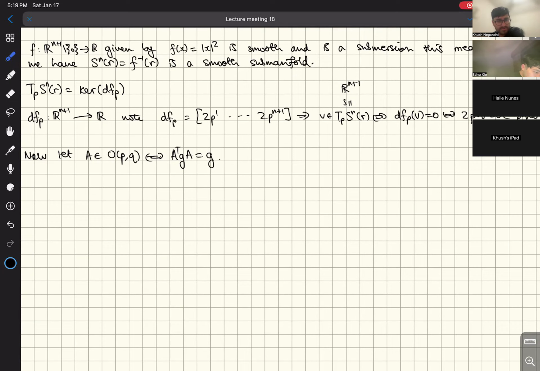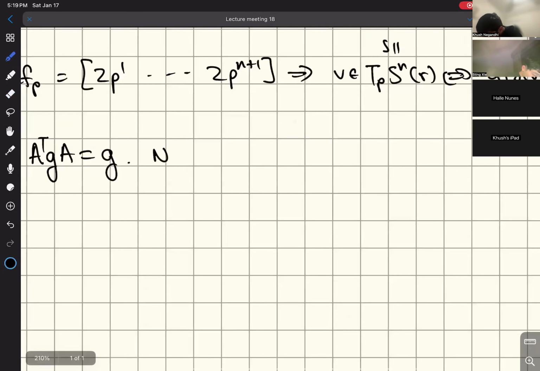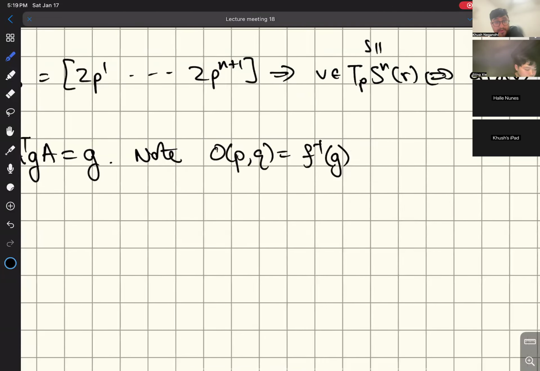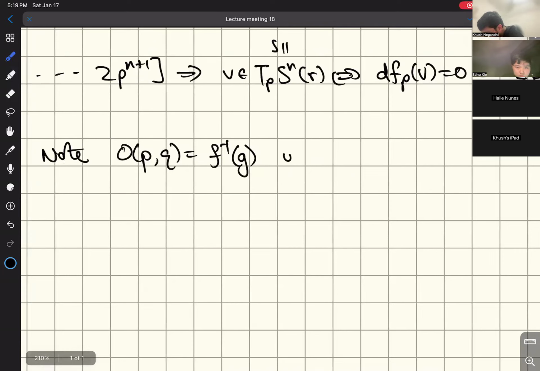Actually, let me not write it like that. Note that O(P,Q) is equal to F inverse of G, where F at A was A transpose GA.